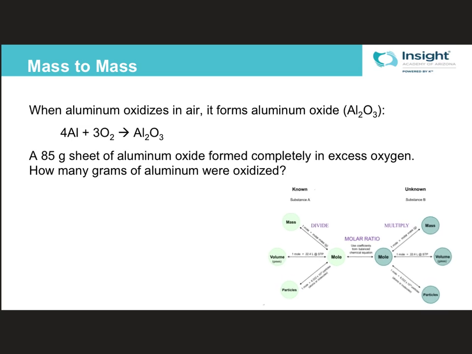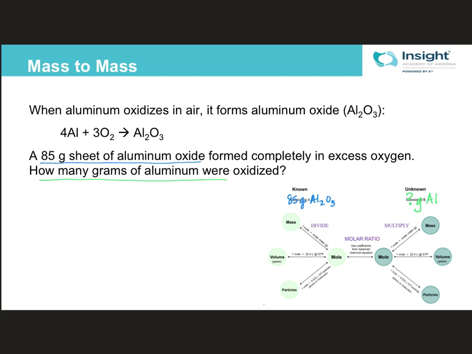What do I know? We know that I have 85 grams aluminum oxide, so that's my known substance. The question is, how many grams of aluminum were oxidized? So the unknown is how many grams of aluminum.